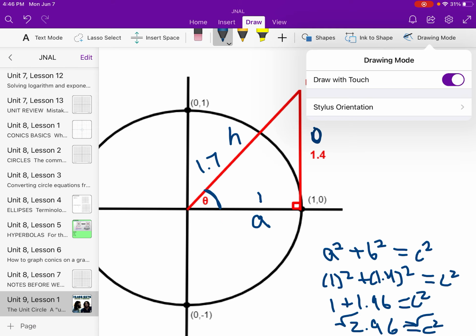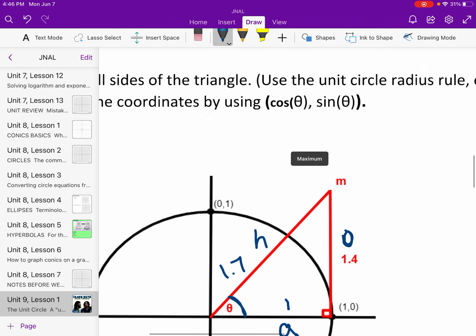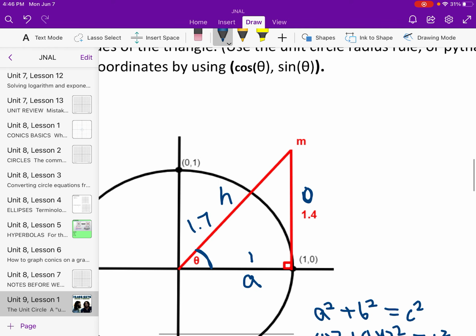Okay, we don't necessarily need to find the angle measure specifically because we know that above here, the coordinates are cosine of theta and sine of theta.